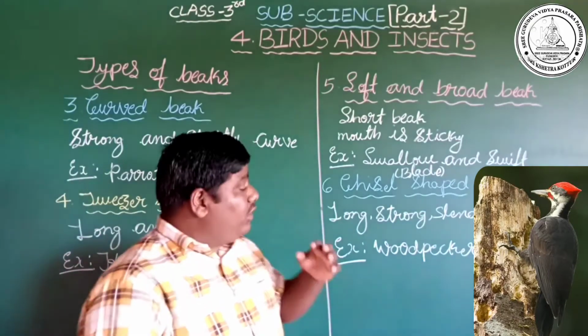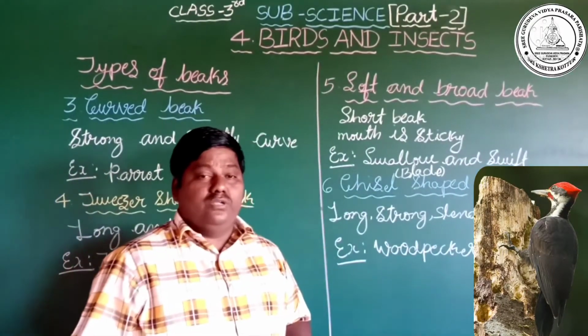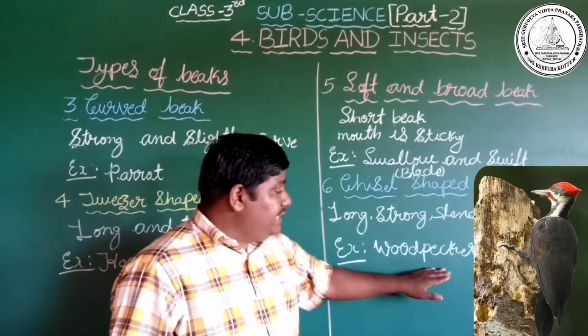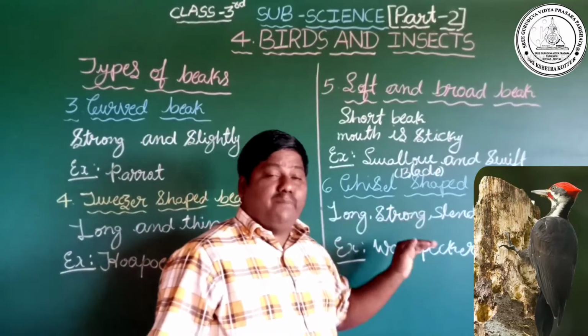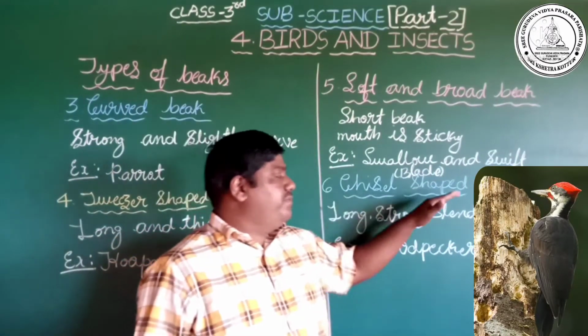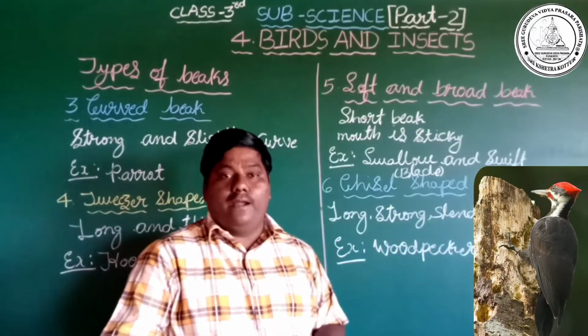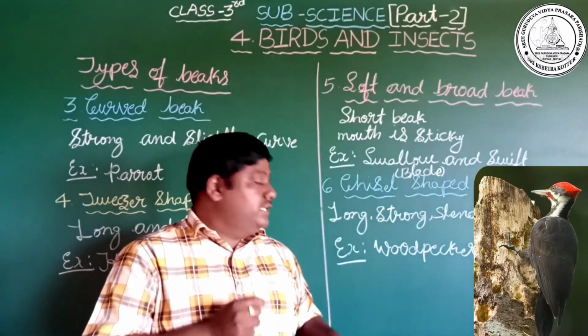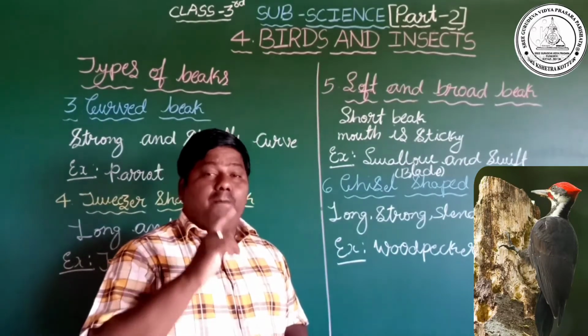Dear children, all of you observe the woodpecker's beak on the board. See here, the woodpecker's beak is an example for which one? Chisel shaped beak. See, what is the use of the chisel shaped beak to the woodpecker? Woodpecker in Kannada we call Marakutiga.